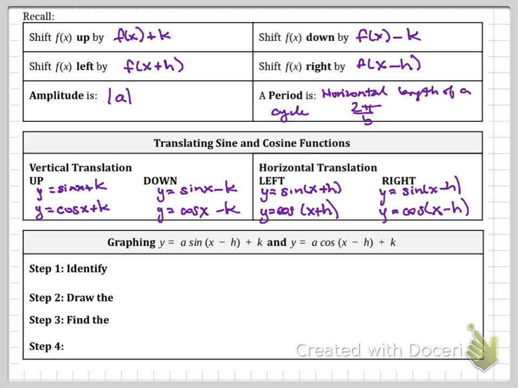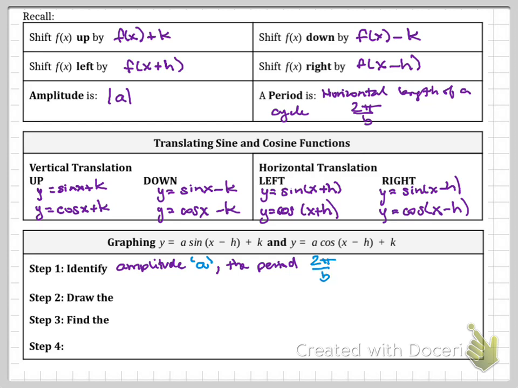So to graph a sine and cosine function, you need to identify the amplitude, which is our a value. Then you need to identify the period, which is 2 pi over b.